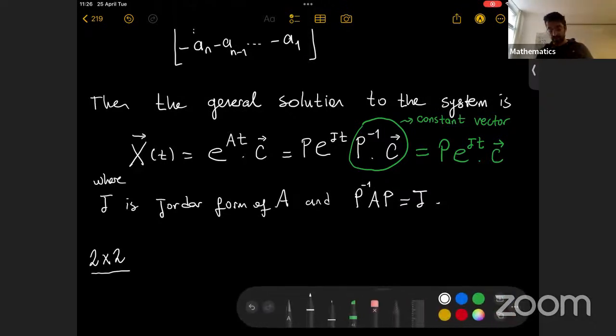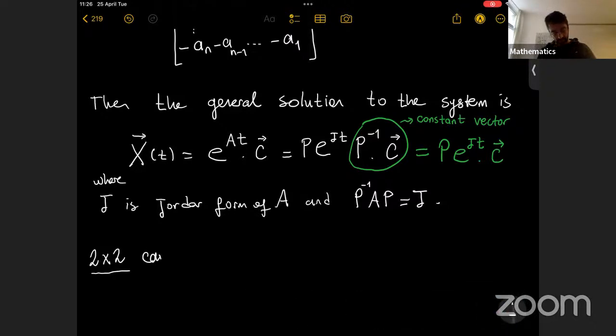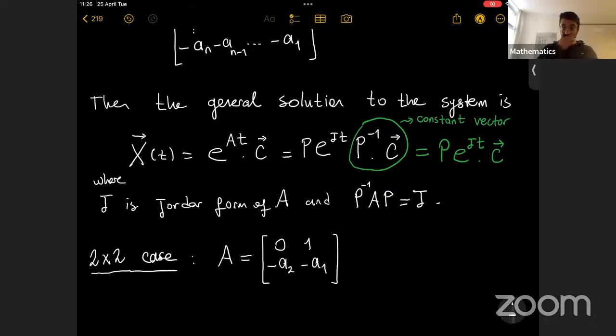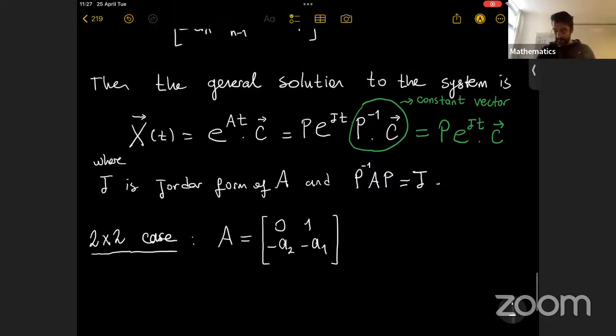In that case, A is a 2 by 2 matrix, 0, 1; minus a2, minus a1. And we will find the solutions in that case.